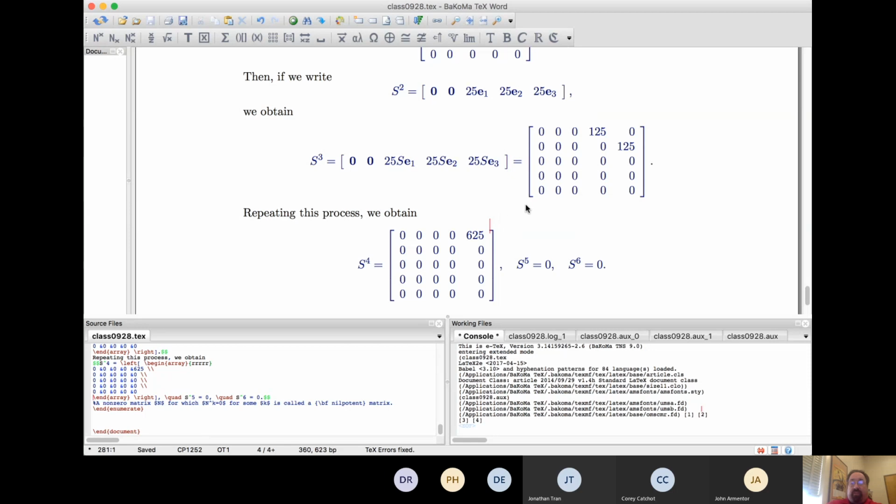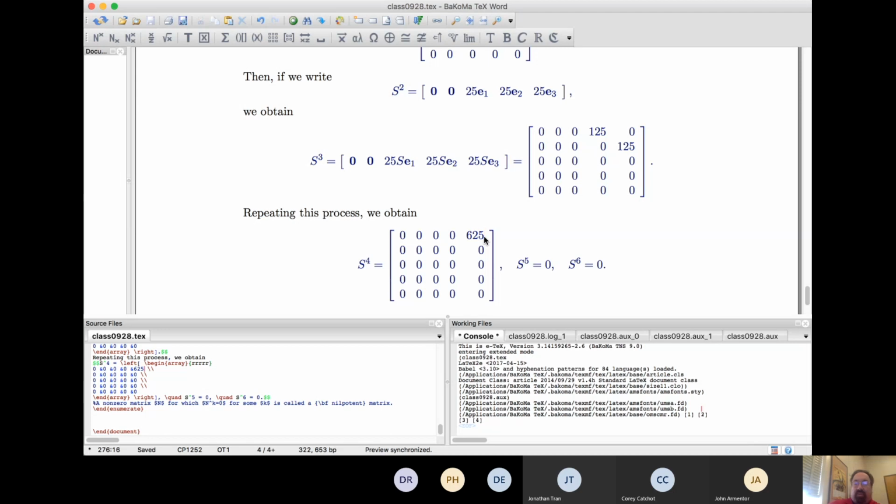And really what we're doing is we're chasing all the non-zero entries out of a matrix. So if I then multiply this by S again, what is this? This is 625 times the first column of identity. So I multiply by S. So now you're going to have 625 times the first column of S, which is 0.